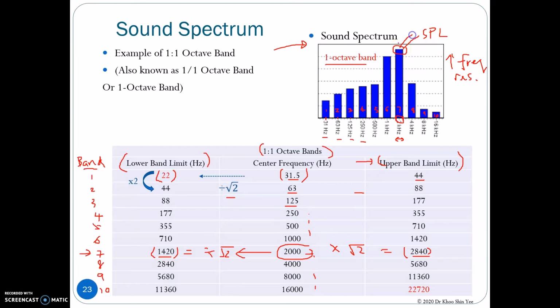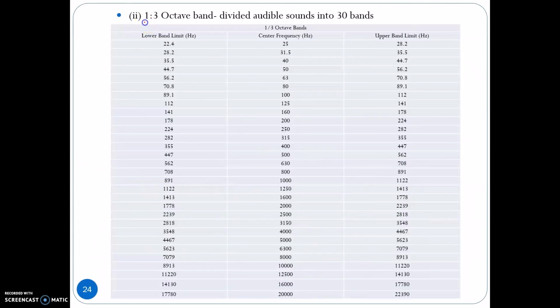In order to improve the frequency resolution, we can further split the band here into 3 bands. So imagine that each band separates into 3 bands. Initially you have 10 bands, so in total you can split it into 30 bands. Then you can obtain the 1/3 octave band, where we divide the audible sound into 30 bands.